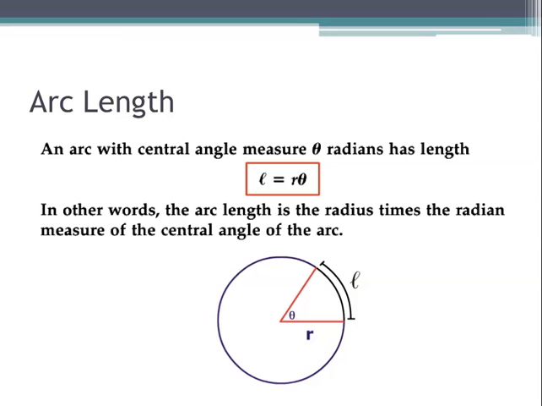This is actually the same exact formula that you had written last time, but instead of writing it in terms of degree measures, we are multiplying by theta, which is the angle measure in radians. Okay, so R times theta gives you the arc length.